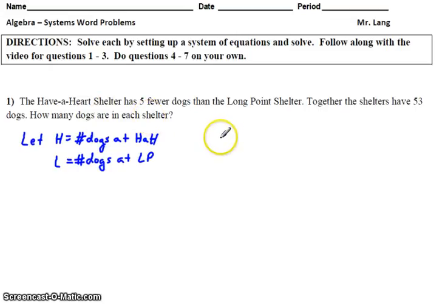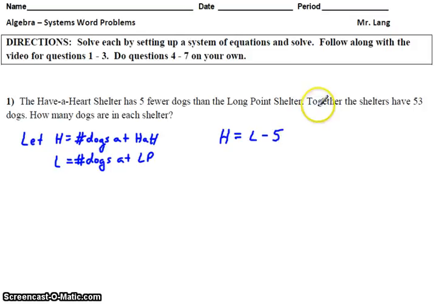So let's see here. We're going to get 2 equations out of this. It says the Have a Heart shelter has 5 fewer dogs than the Long Point shelter. So one equation here would be, well, the Have a Heart shelter, the number of dogs here, is equal to 5 less than the Long Point. So that would be L minus 5.